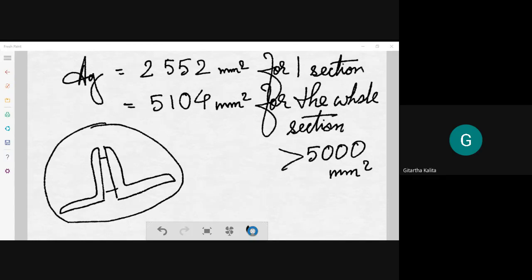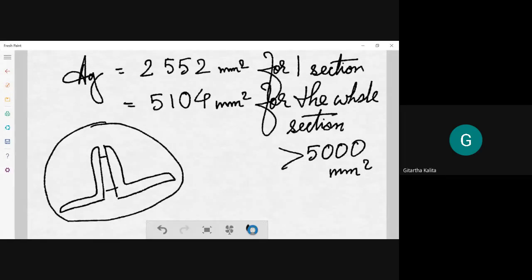If you see your section, let us assume that we are connecting the longer legs. It is also told in the steel table: properties of two angles back to back when longer legs are back to back. That means these longer legs are connected.